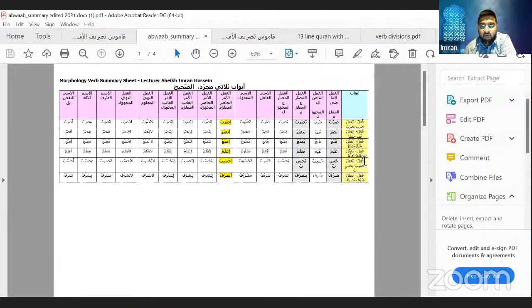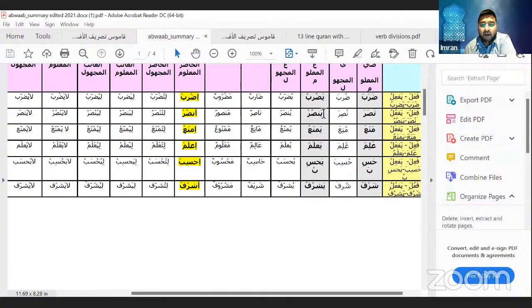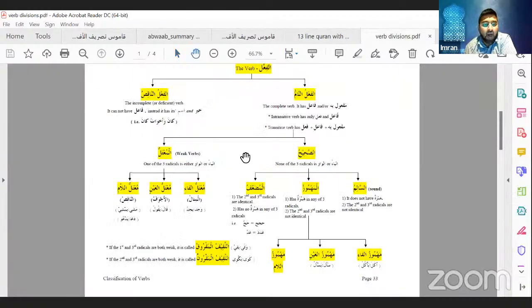Daraba, yadribu, nasara, yansuru, mana'a, yamna'u, alima, ya'lamu, hasiba, yahsibu, sharufa, yashrufu. There are 6 patterns. Similarly, the weak letter verbs also have different patterns. I'm first giving you the categories. Once you know the categories, I'll tell you the only patterns in which a verb would be conjugated in those categories. Does that make sense?